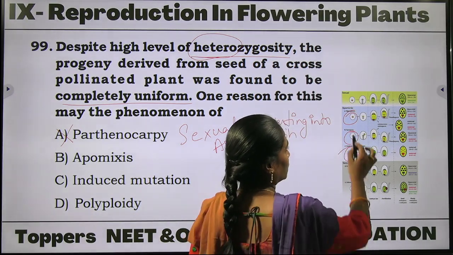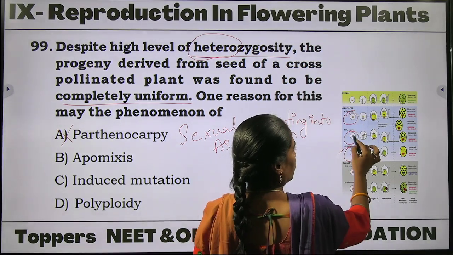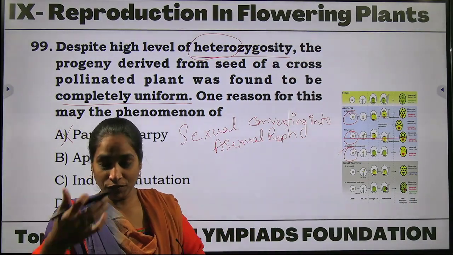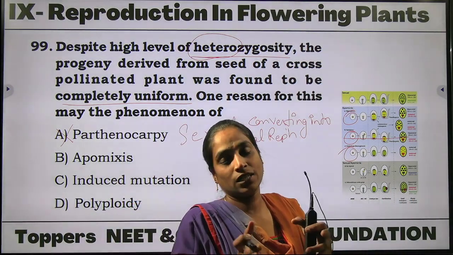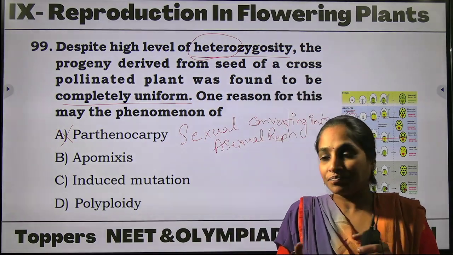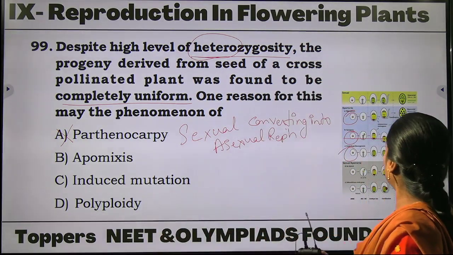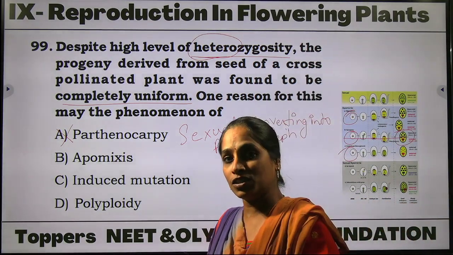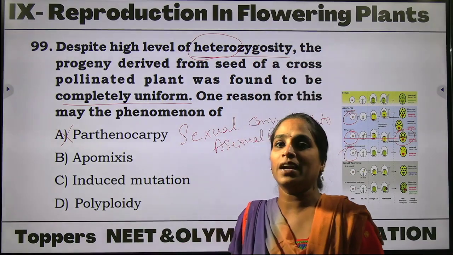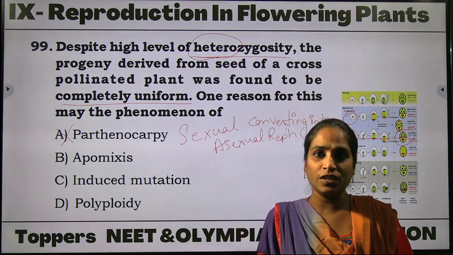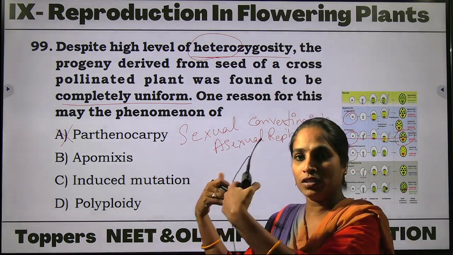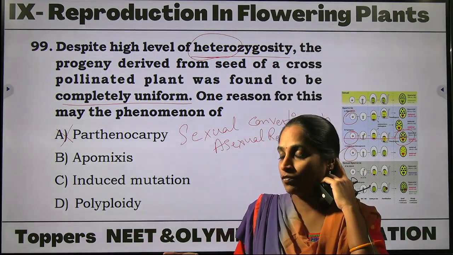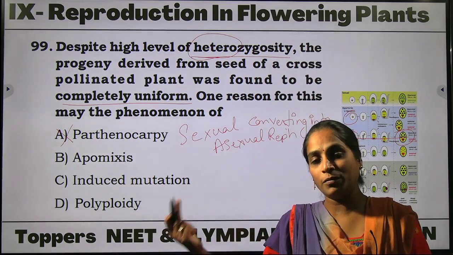Here we can observe the formation of the complete embryo sac, and after fertilization also we can observe the cells present inside, the male and female gametes, the fertilization process, producing the next progeny, and again they will be growing and undergoing the same process: pollination, fertilization, development of zygote and embryo, and development of endosperm.